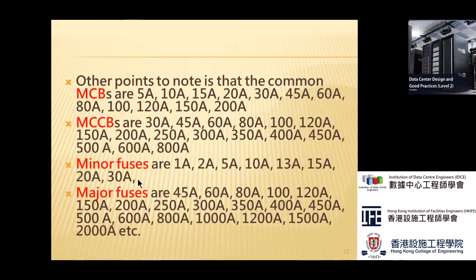Major fuses, oh, I'm jumping too fast. Major fuses can be 45 amps, 60 amp, 80, 100, 120, 150, 200, 250, 300, and then every 50 up, all the way up to 2000 amp, or 2500, or 4000, I think, at the most.